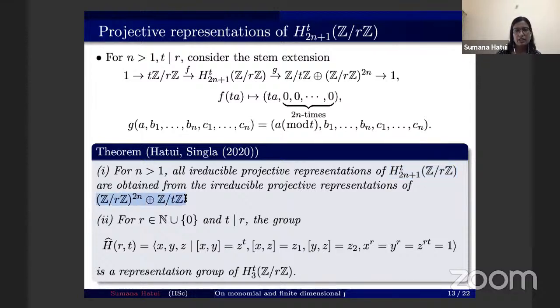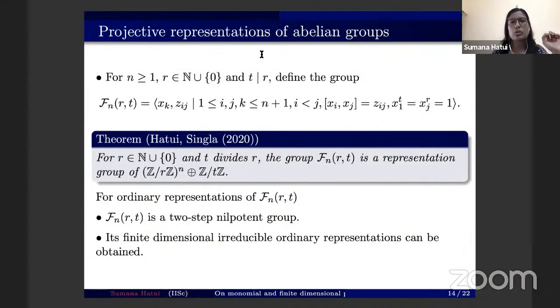So I will give a little bit of description about the projective representations of abelian groups. It's enough to study projective representations of this abelian group. We have given a representation group here, and you can compute that this group is of nilpotency class 2. If you want to study projective representations of this abelian group, it's enough to study ordinary representations of this group.